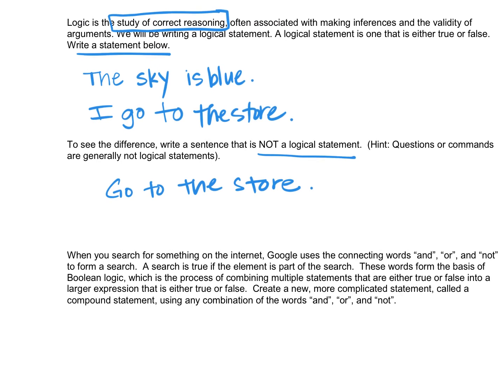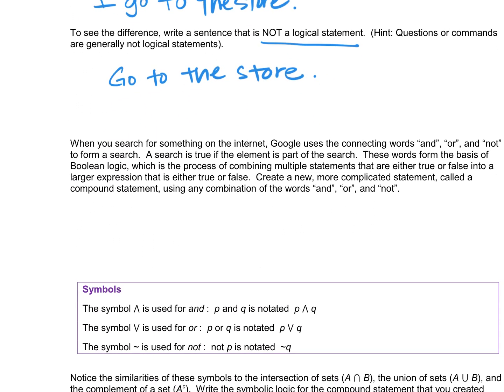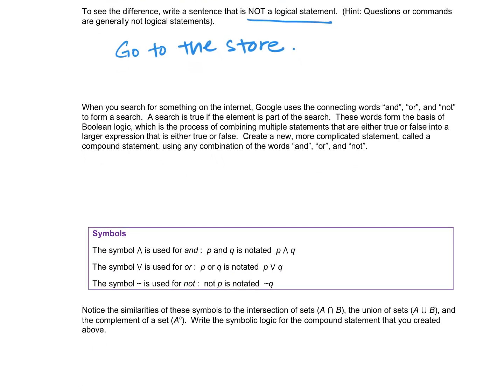Now, we can combine statements, and we often do that if you do a Google search or something. You'll often use words that connect statements together, like and, or, not, when you're forming a search. And what happens is a search is true if the element is part of that search.